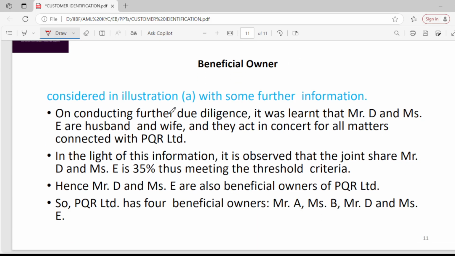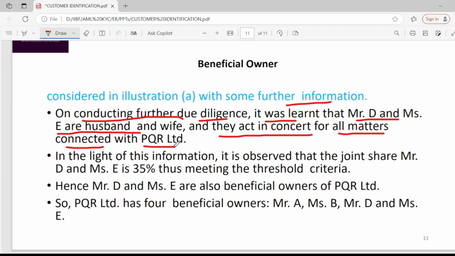Next, consider the illustration with some further information. So here some further information is also given. We need to look into that. On conducting further due diligence, it was known that Mr. D and Mrs. E are husband and wife, and they act in concert for all the matters connected to PQR Limited.